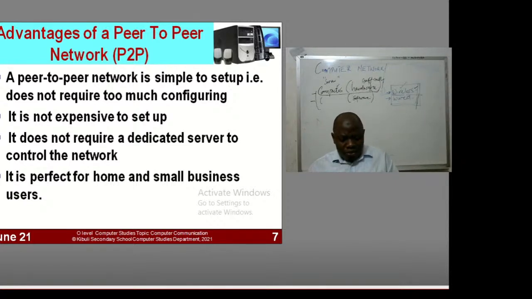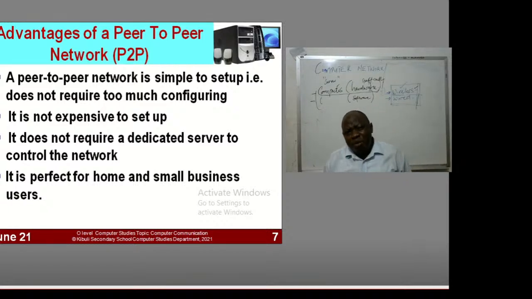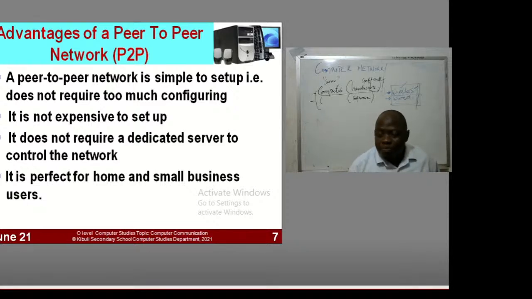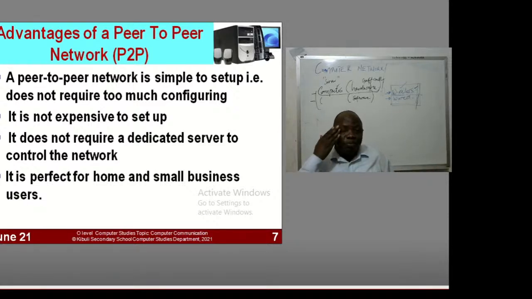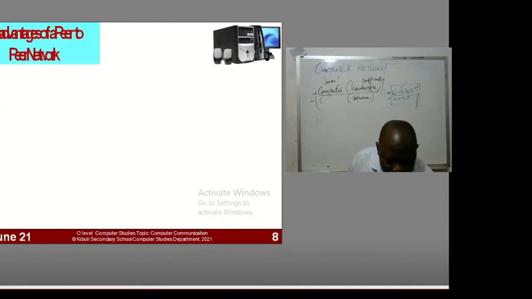I use Bluetooth in order to connect to my television. So when I use Bluetooth and I want to play maybe a song or a film, I play using the same. It is perfect for home and small businesses, depending on what you want. That is the advantages of peer-to-peer computers.